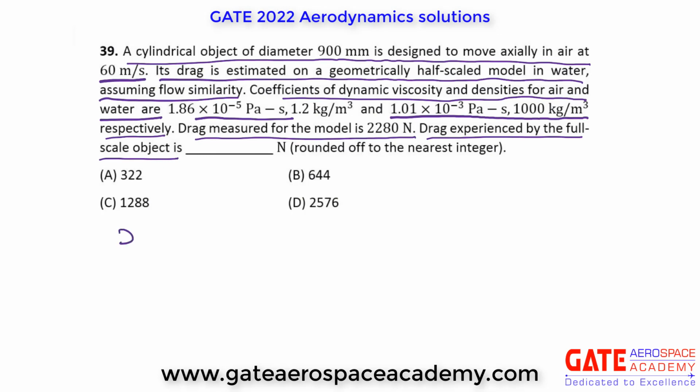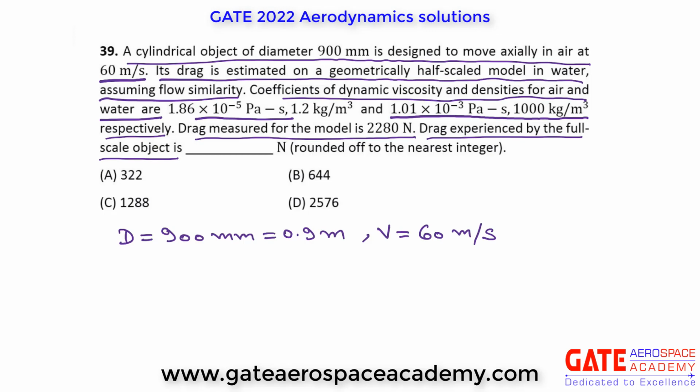So the diameter of the prototype is 900 mm, that is 0.9 meter. Velocity 60 meter per second. Density and viscosities are given for air and water, and the drag on the model in the water is 2280 Newton.